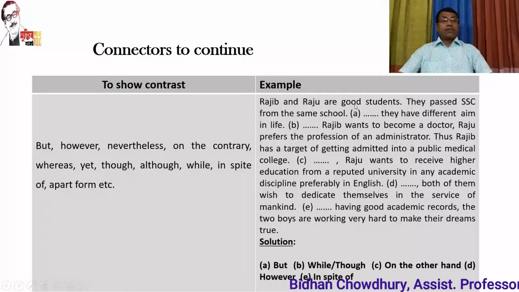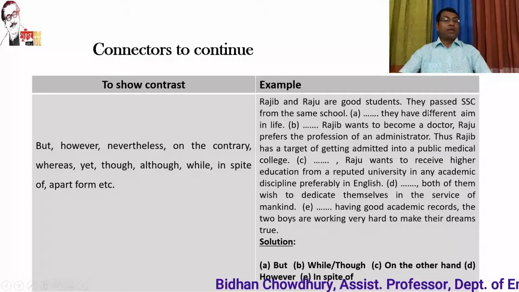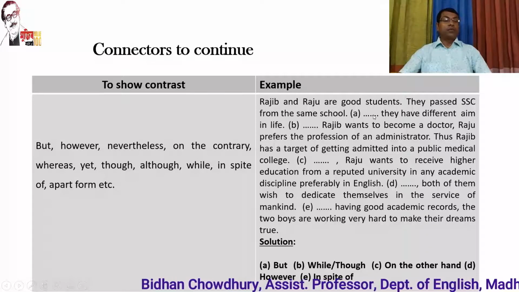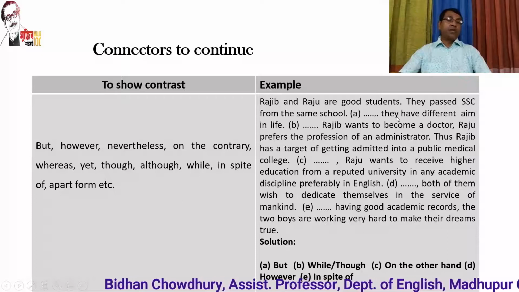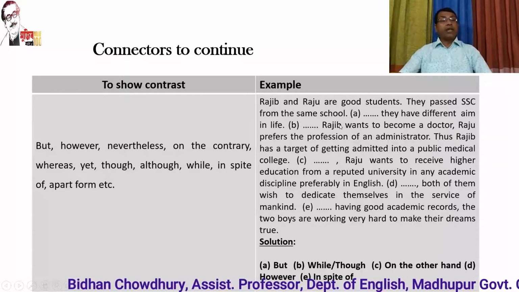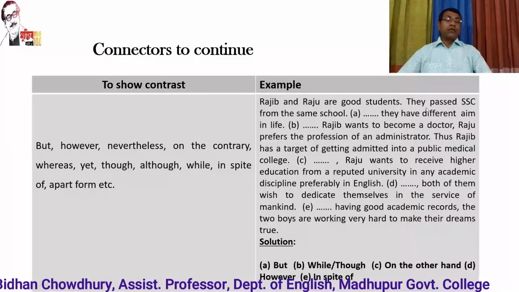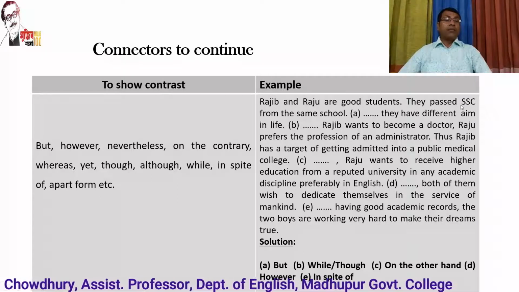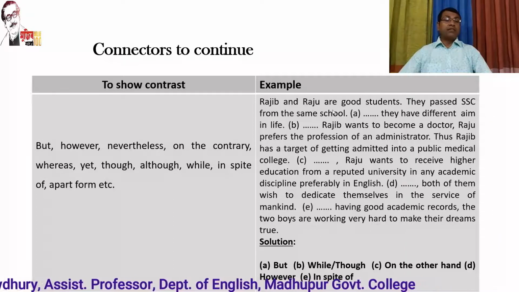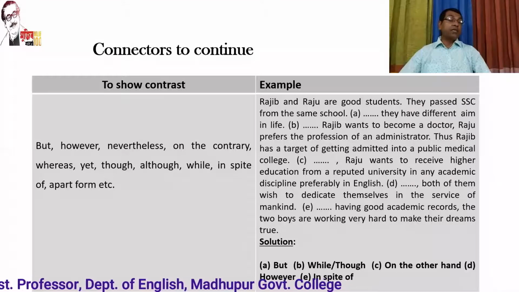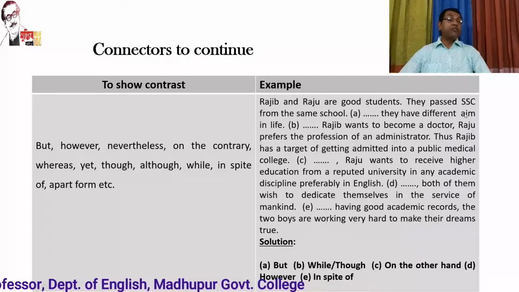I'm reading the text. Rajiv and Raju are good friends. They passed SSC from the same school. And we have a gap here. They have different aim in life. So, dear student, you can see they passed SSC from the same school. And what type of statement comes next? They have different aim in life.